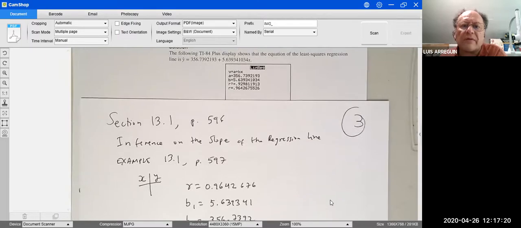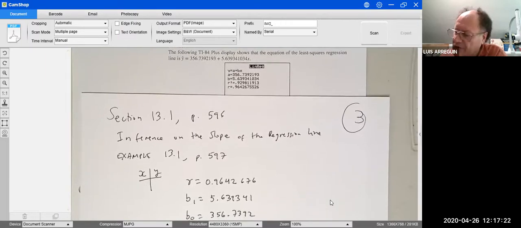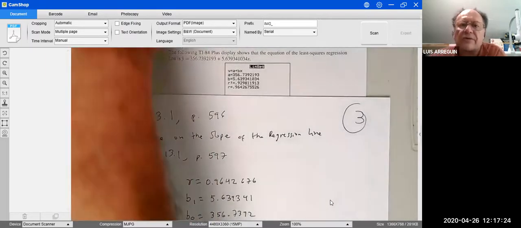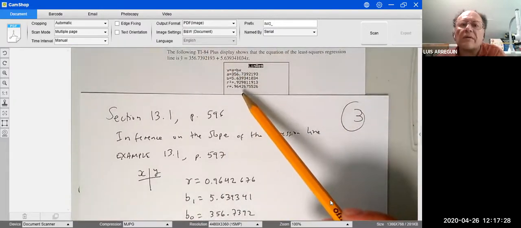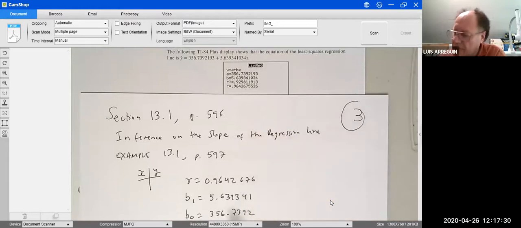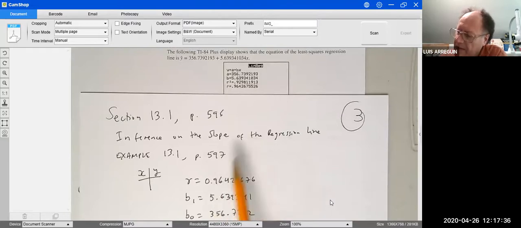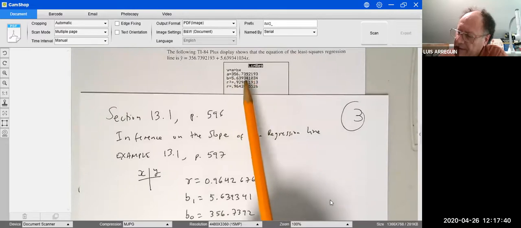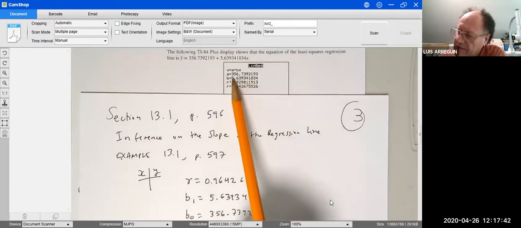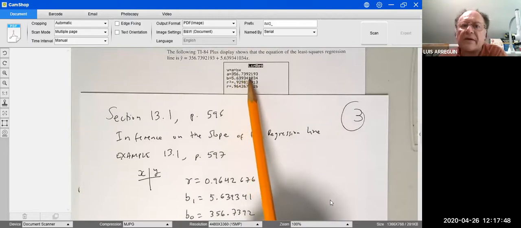So they found the correlation coefficient. Here you can see the correlation coefficient 0.9642.6, and we have 0.9642.6. So it's the same correlation coefficient. Then B1, which is just B in this display for the Texas Instrument, is 5.6393.